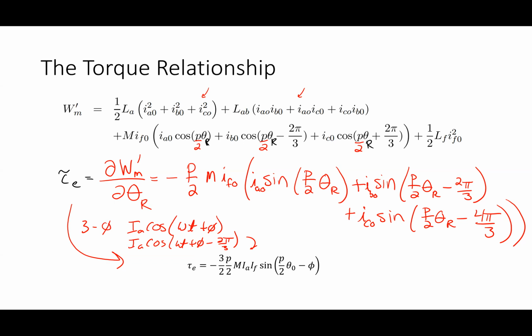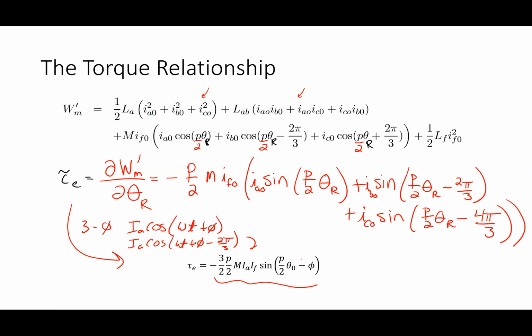Basically, it's a nasty trig thing, and it comes down to this when I'm all done. And it's constant, right? So that's what I wanted, the torque to be constant. I showed that pictorially with the Lorentz force law and everything. This is what it kind of works out to.